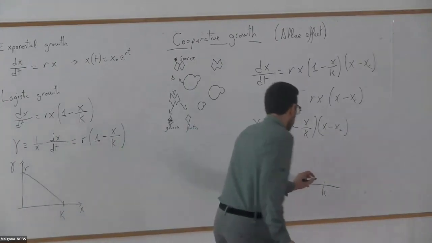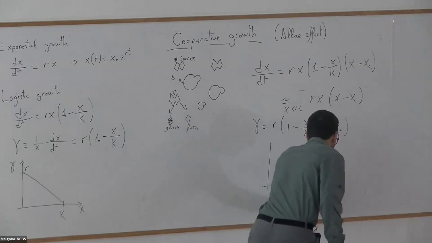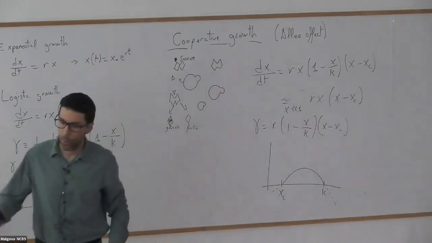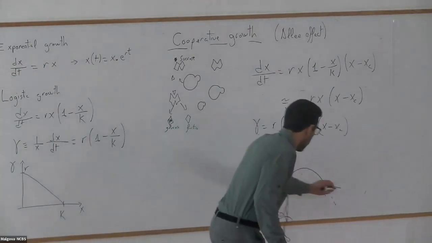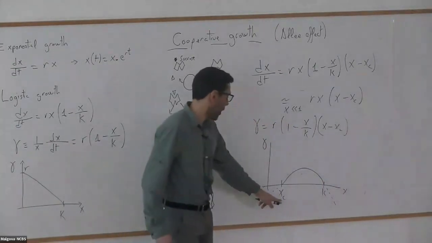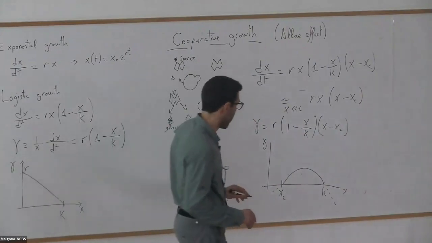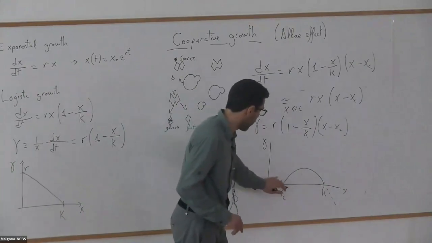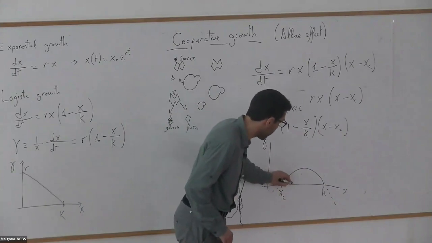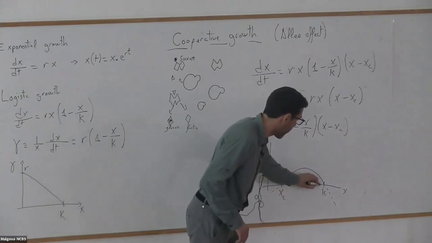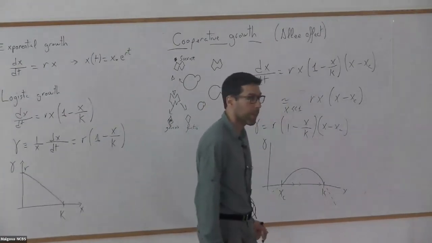It's a quadratic form, so this does something like this, which we see here introduces a minimal threshold in the population for it to survive and start growing. If we are above this threshold, the per capita growth rate is positive. It means that the population will grow, and as before, for the logistic model, it will reach carrying capacity.